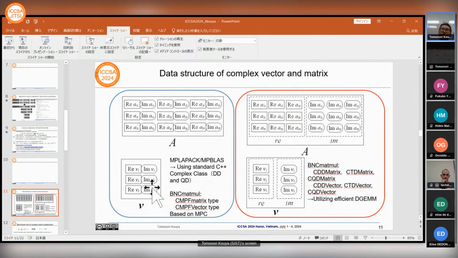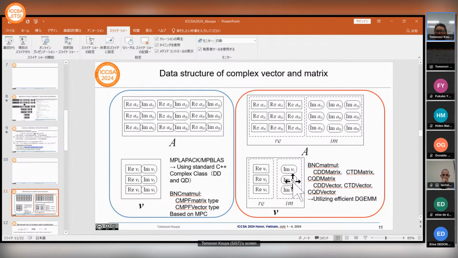And we employ a data structure of complex vectors and matrices shown in the right figures like this.